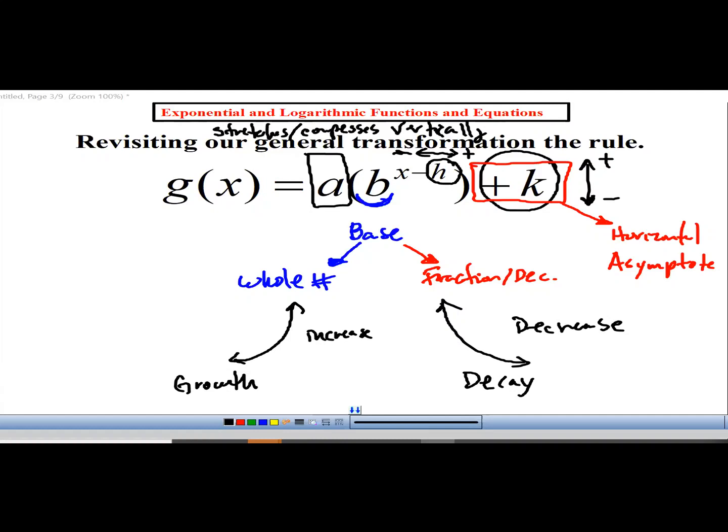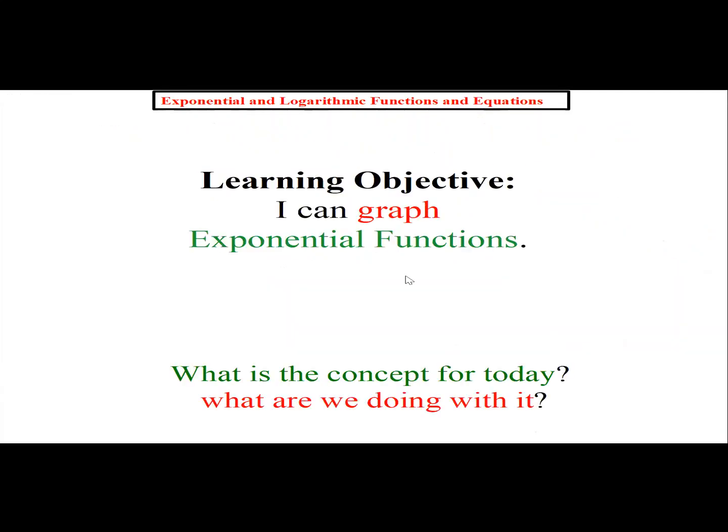It should be able to transfer now, yes? Transfer, get it? Transformations. See what I did there, Beth? Asymptote. Yes, asymptote. All right. So, did we graph exponential functions? Yes.